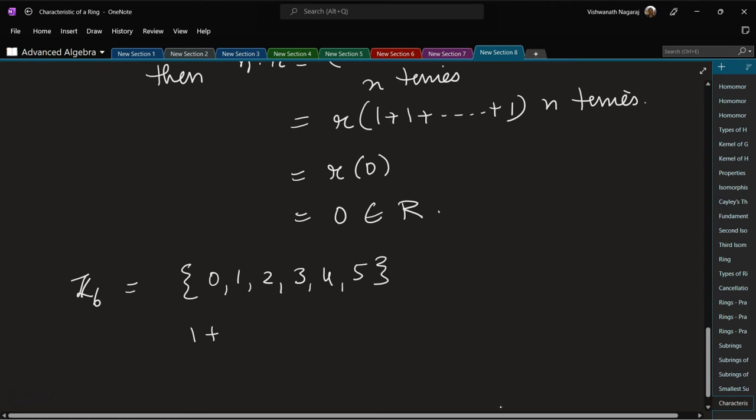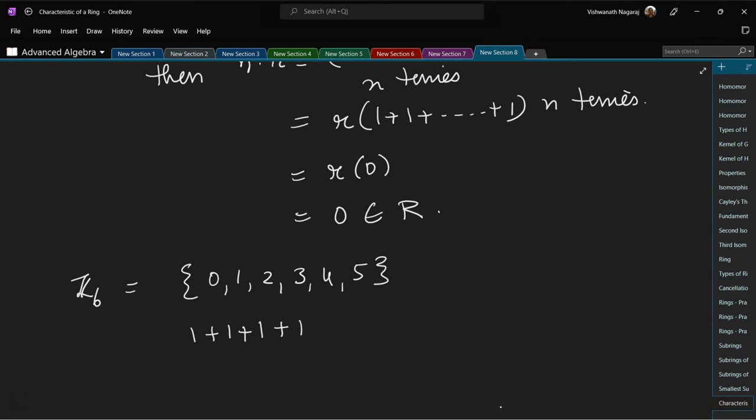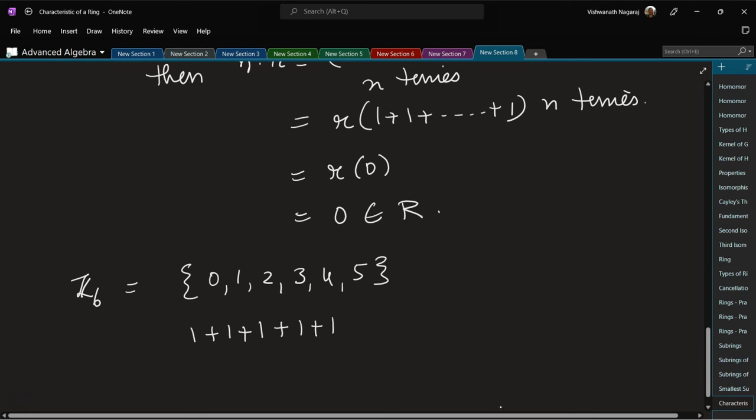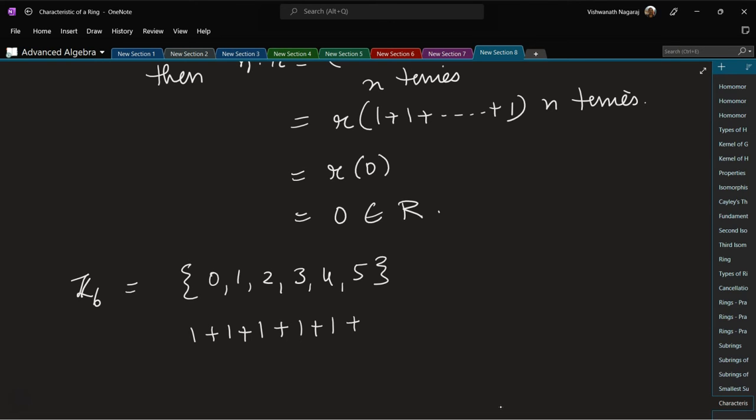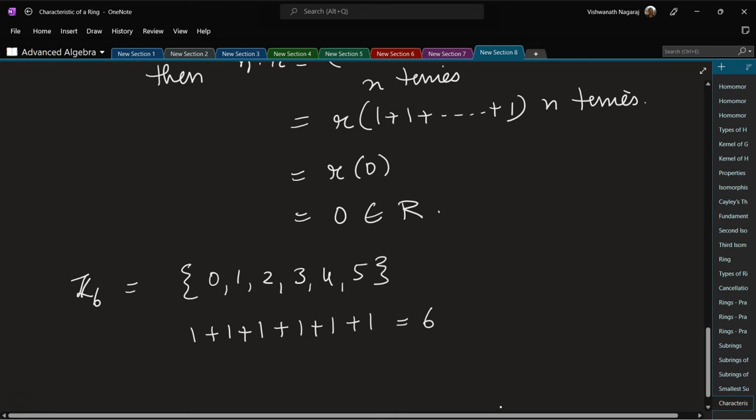So let's start with 1. 1 plus 1 is 2, 2 plus 1 is 3, 3 plus 1 is 4, 4 plus 1 is 5, 5 plus 1 is 6. But remember, we don't just keep adding, we also take the mod 6. So 2 mod 6 is 2, 3 mod 6 is 3, 4 mod 6 is 4, 5 mod 6 is 5, 6 mod 6 is 0. So this is equal to 6, which is congruent to 0 mod 6.